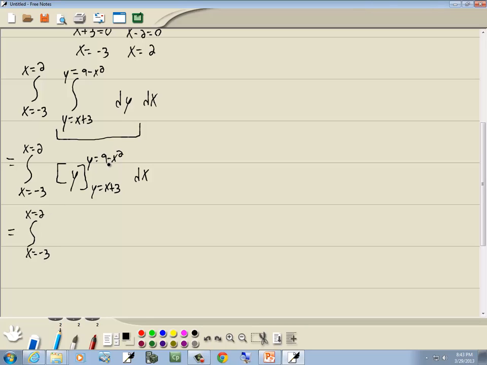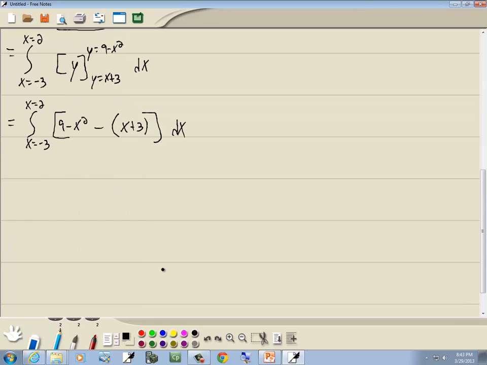So I'll put the 9 minus x squared in for the y. So I got 9 minus x squared minus, and I'll put parentheses because this minus has to affect everything that follows it, and I'll put the x plus 3 in for the y, dx. So we got x is equal to negative 3 to x equals 2.